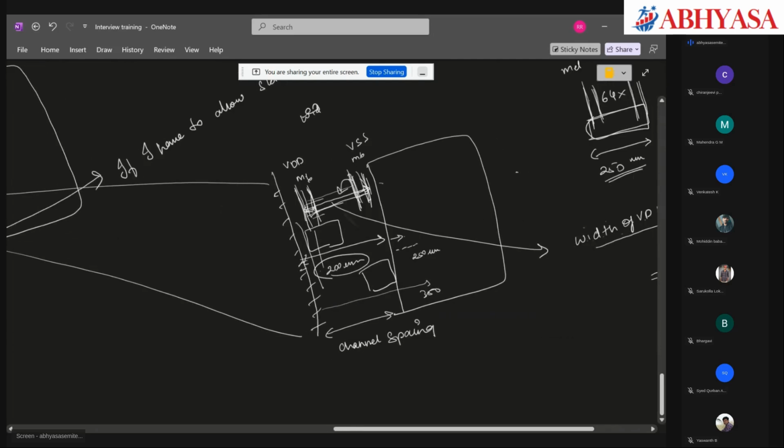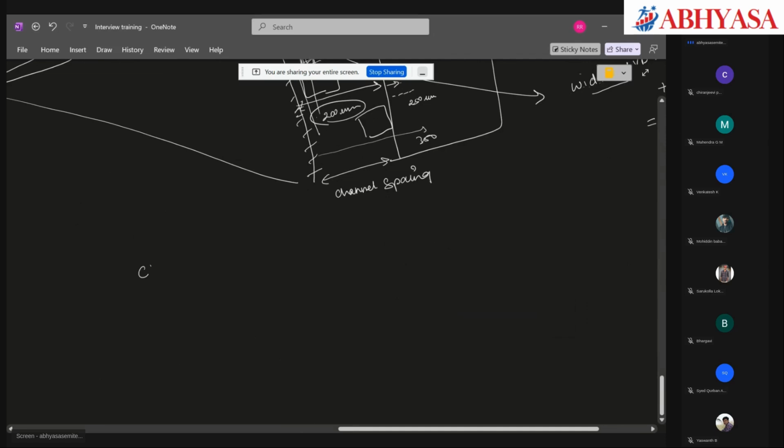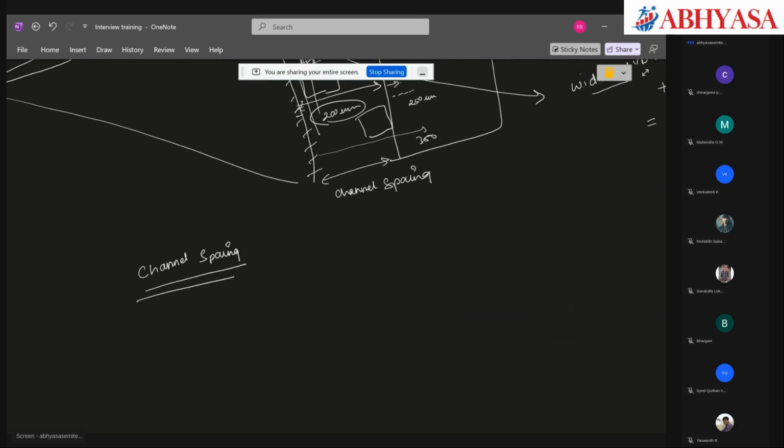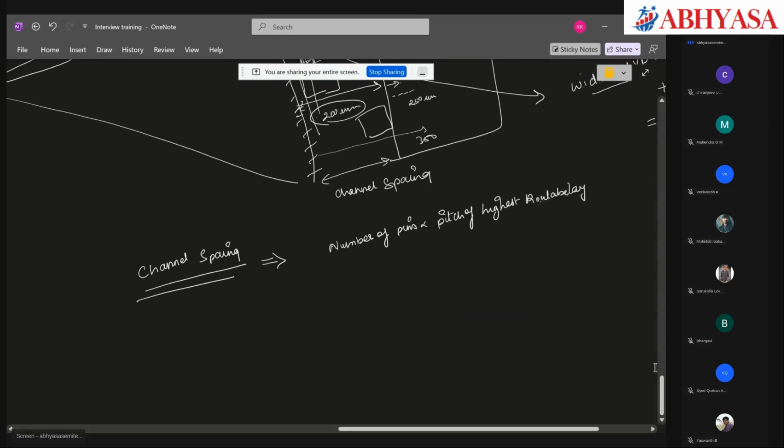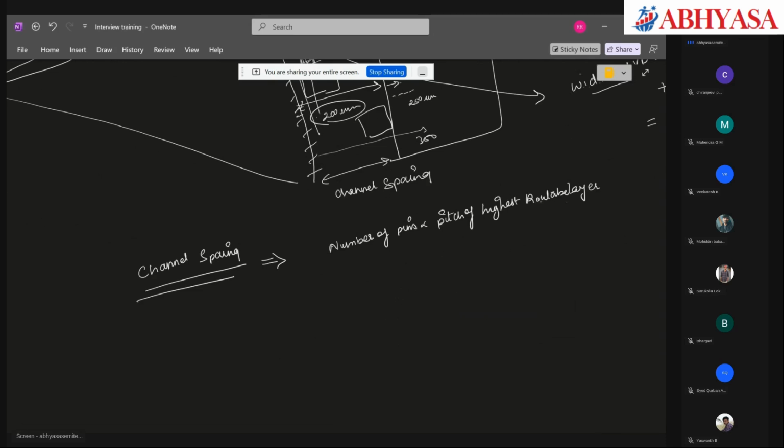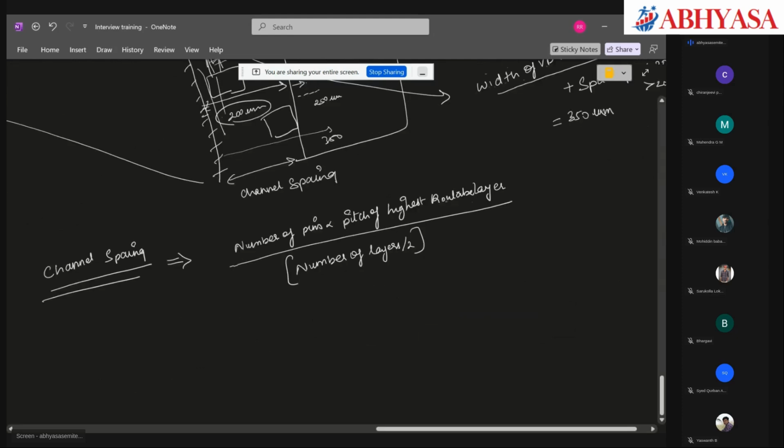Okay. So channel spacing will be number of pins into pitch of highest routable layer divided by number of layers by 2, right?